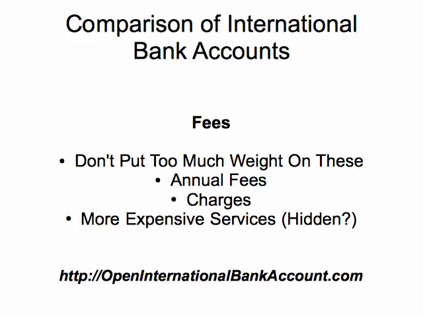For example, one bank might have lower fees that are called fees and charges, but they might offer a worse rate of exchange. And that is what I personally would consider to be a hidden fee. So for an international bank, the rate of exchange is pretty crucial. Bank accounts, sorry. So make sure that you know what you are comparing.